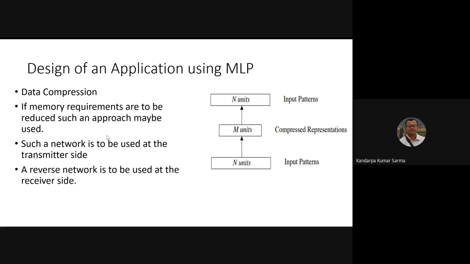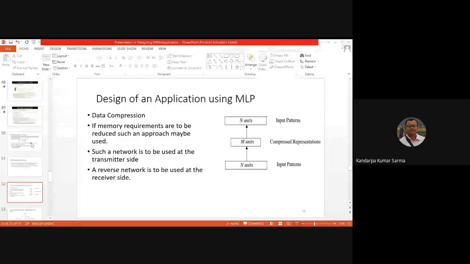So this n to m, then again m to n, is a very delicate representation. Compression and decompression can be done by the use of the multi-layer perceptron.